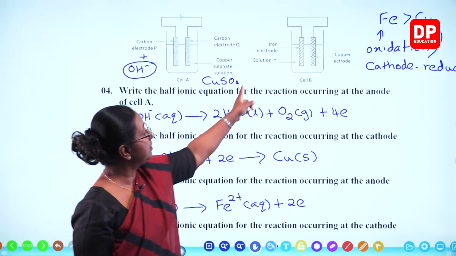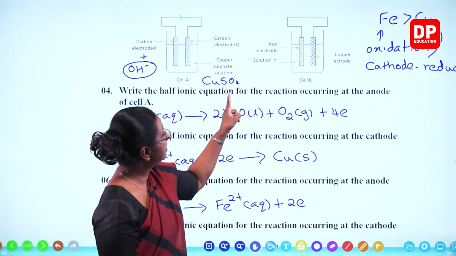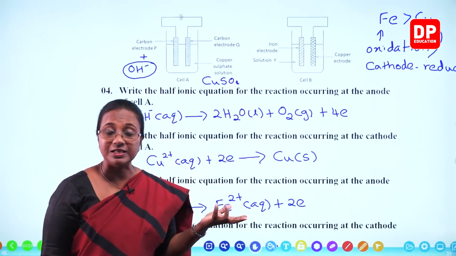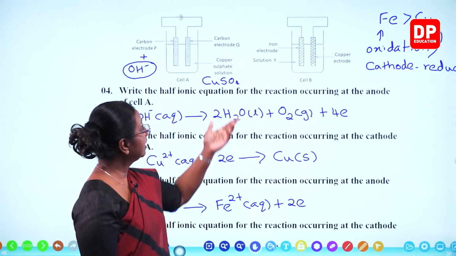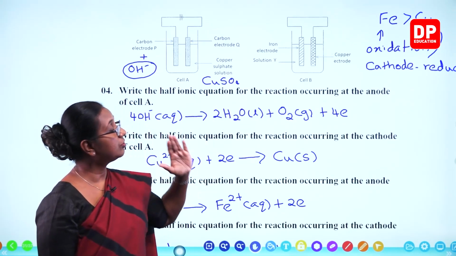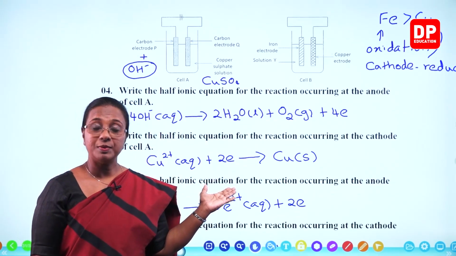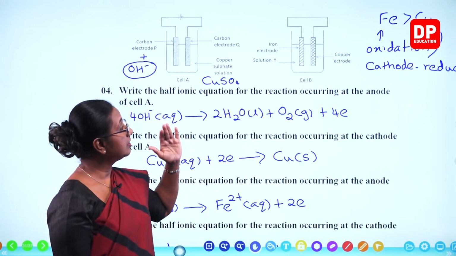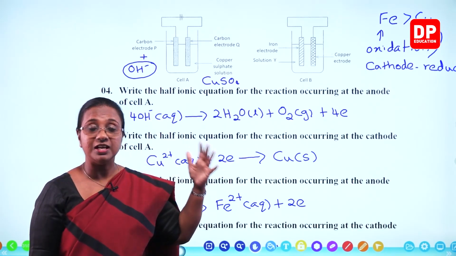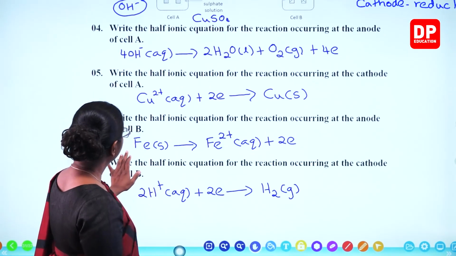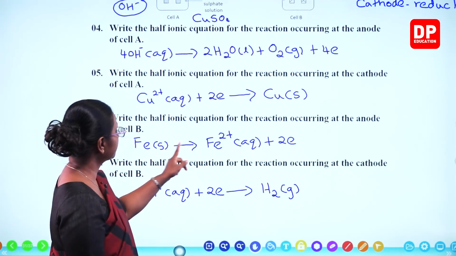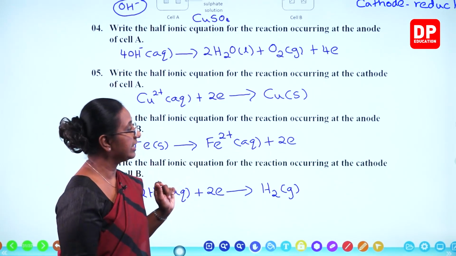At the same time, if you take cell B, there is solution Y. I told you all it has to be the electrochemical cell. So it is dilute sulfuric acid. And iron electrode and copper electrode, iron is above copper in the activity series. So that means iron is more reactive. It undergoes oxidation. So therefore, here you can see iron gets oxidized, Fe solid becomes Fe2+, losing electrons.